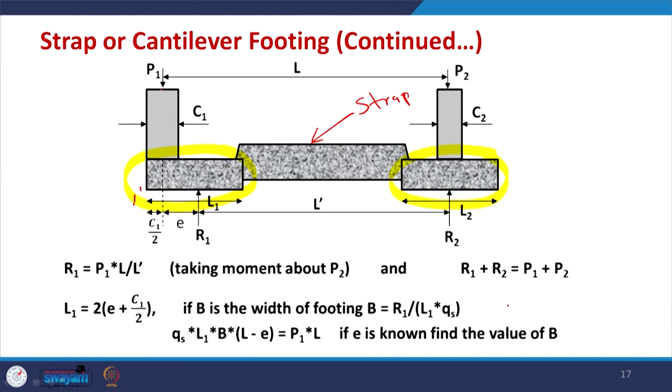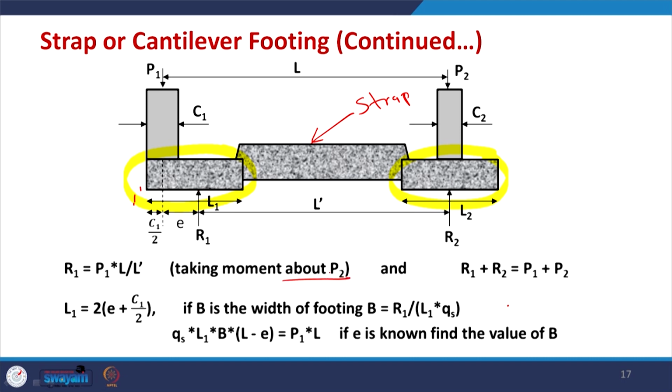Now, what we do here, similar to the trapezoidal footing, is take the moments of all the forces about the center of column 2, because these terms will be cancelled out. So, you take moment about P2.